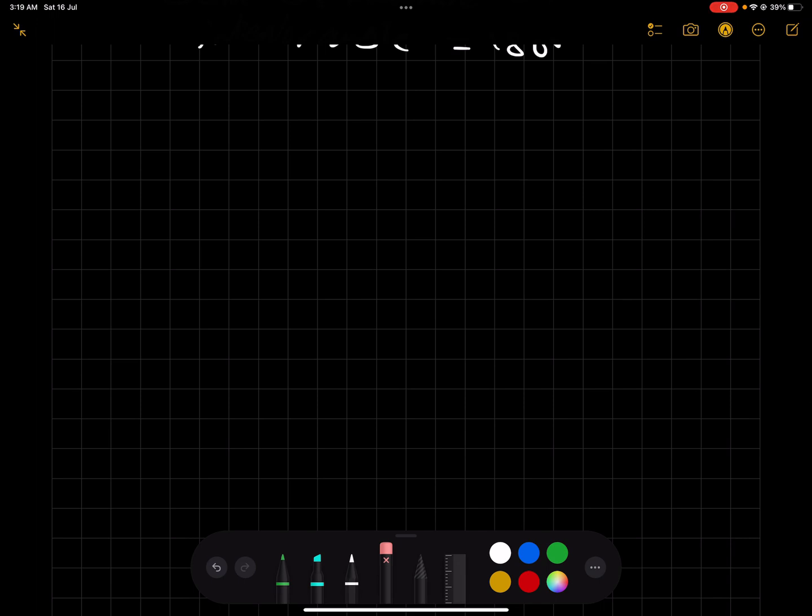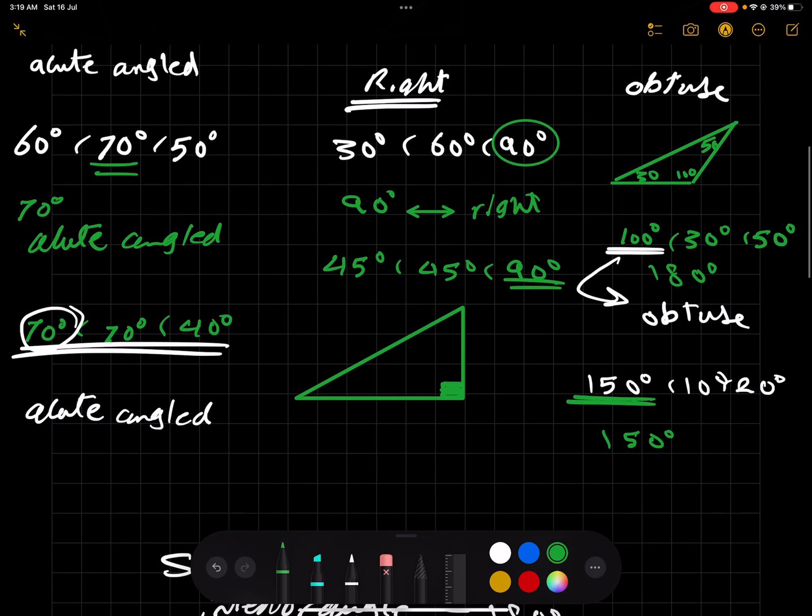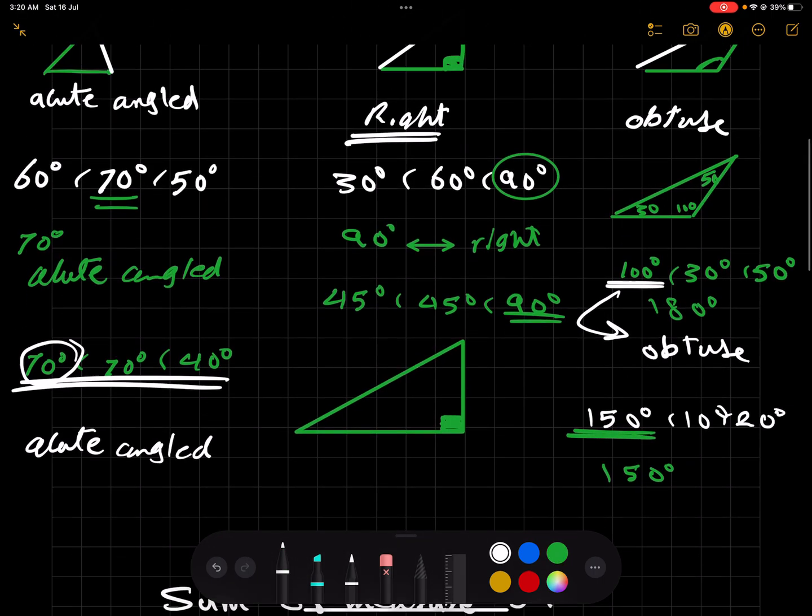And I'm going to give you a hint right here. Any triangle has at least two acute angles. Let me review it. The first one here is acute, the next one is acute, the third one is acute. So you might have three acute angles, it's not a big deal.